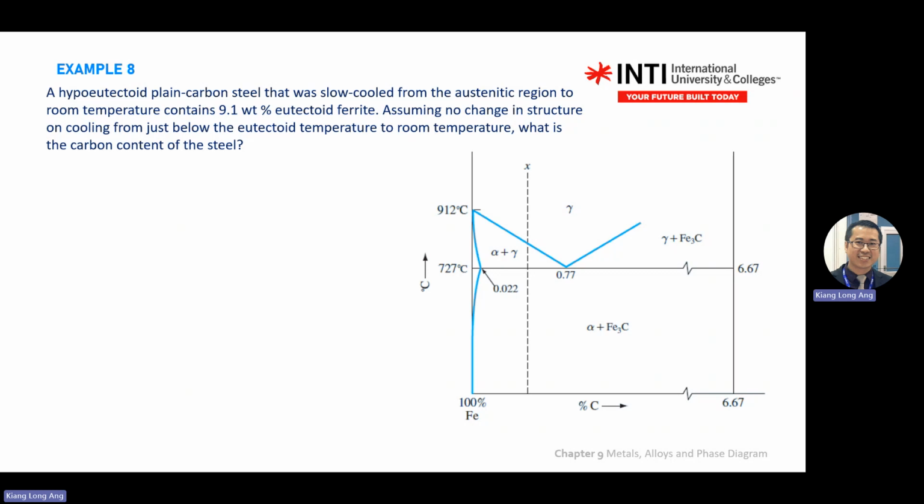So it's a slow cool from the austenite region to room temperature, containing 9.1% eutectoid ferrite. Assume no changes in structure on cooling, just below the eutectoid temperature. What is the carbon content? So let's say you don't know, but you know that it's on the left hand side.